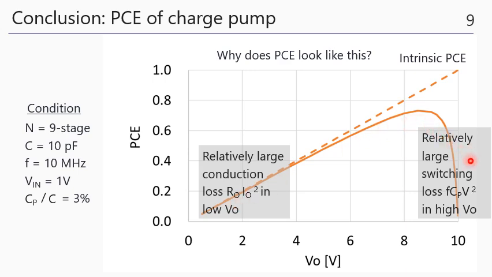In addition to that, in a high VO range, the switching loss due to the parasitic capacitance reduces the PCE, resulting in a concave shape like this. Okay, that's it. Thank you.